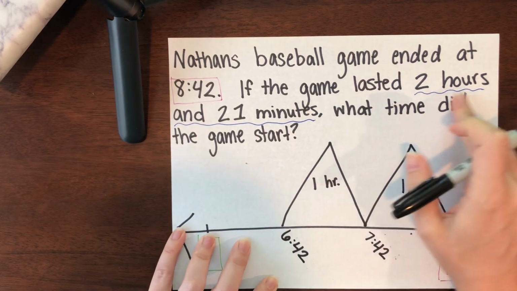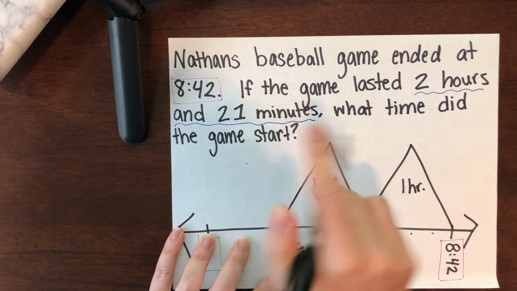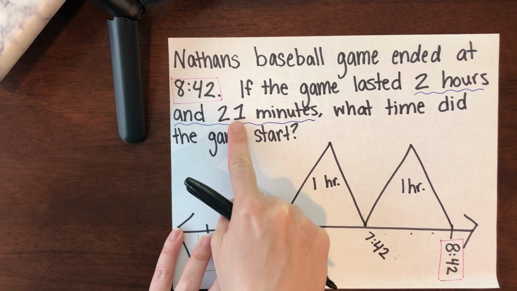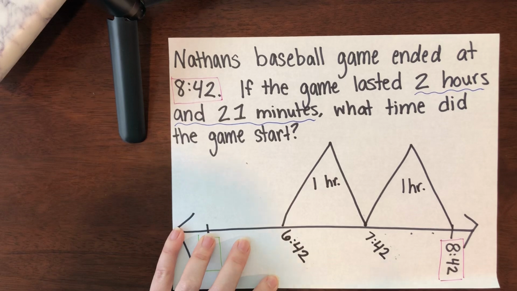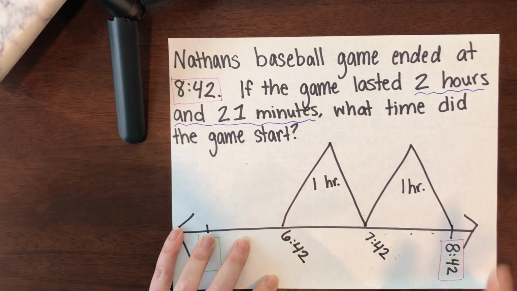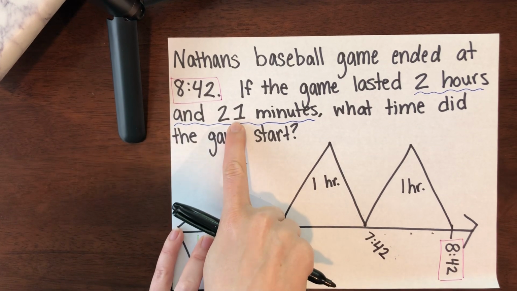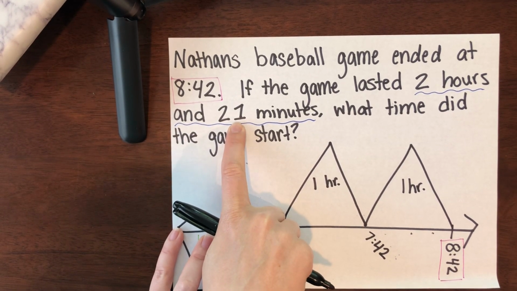So I've gone back 2 hours so far, but I still need to go back 21 minutes. So remember, our hills can either be 5, 10, or 30. If I went back 30, that would be going back too far. So I'm going to go back 2 hills of 10.